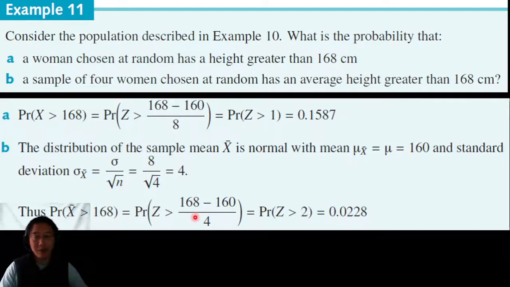We standardize that using the expected value and the new standard deviation. We get the probability of z being greater than 2, and you can use the CAS or use the 3-part rule, but that is covered in Methods. Okay, just use the CAS calculator, and that's pretty much it for this exercise, and I'll see you next time.